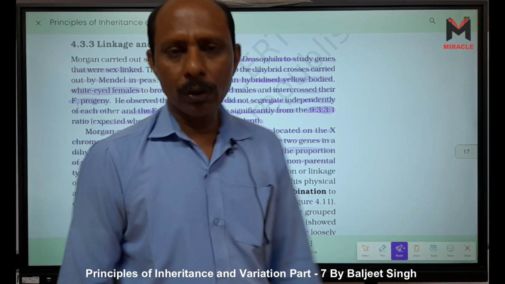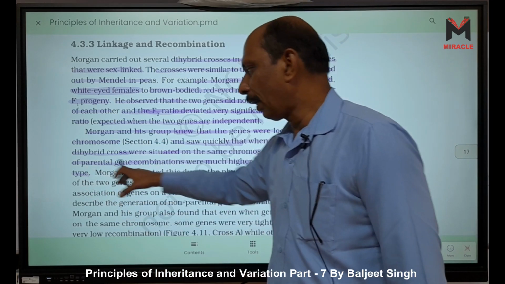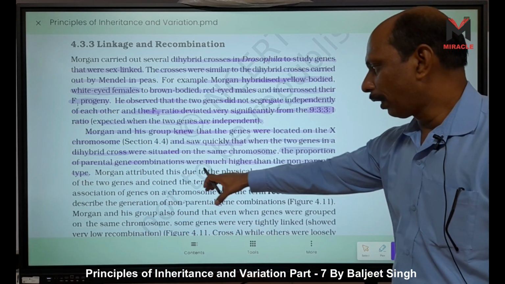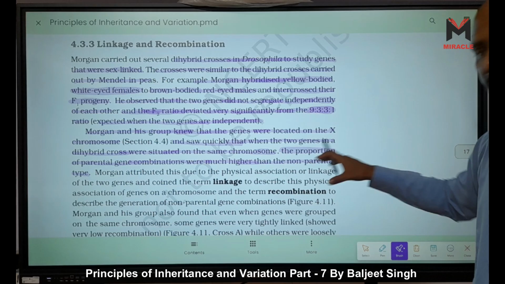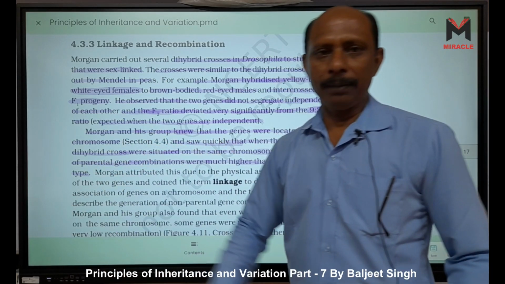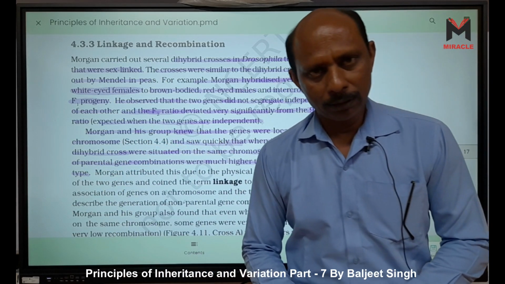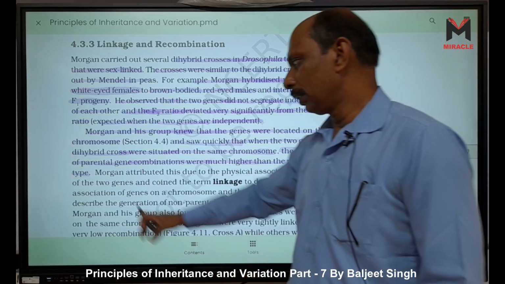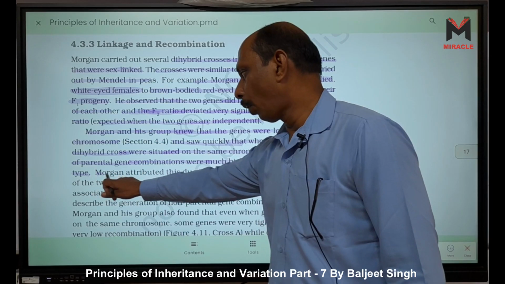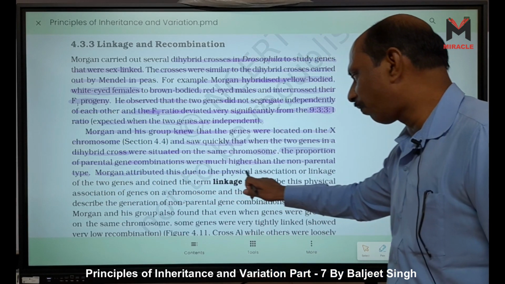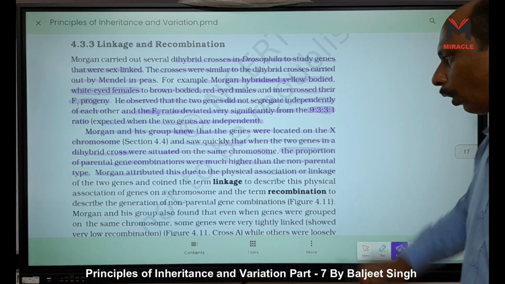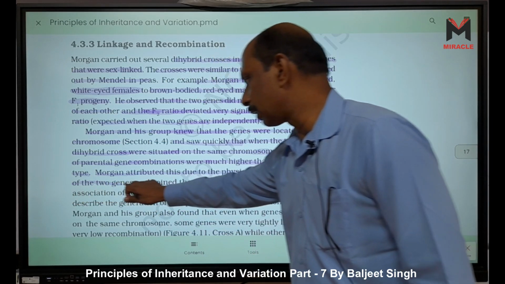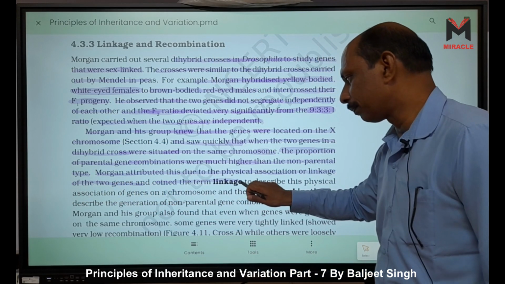The ratio of parental gene combinations was much higher than the non-parental type, right? Why? Because they are very close to each other due to the strength of linkage. So Morgan attributed this to the physical association or linkage of two genes and coined the term linkage.